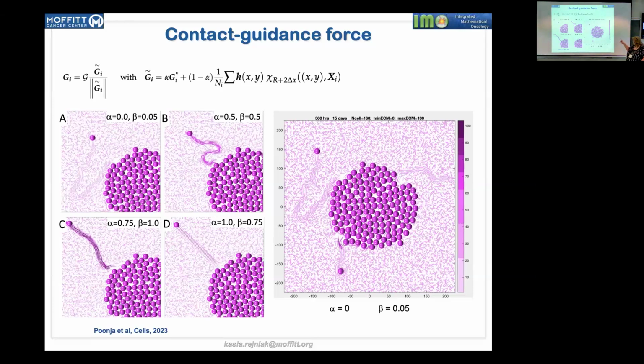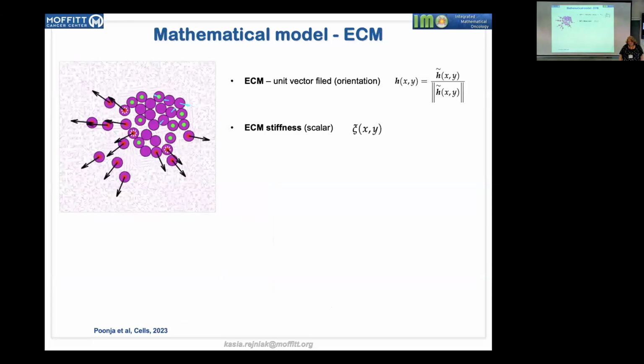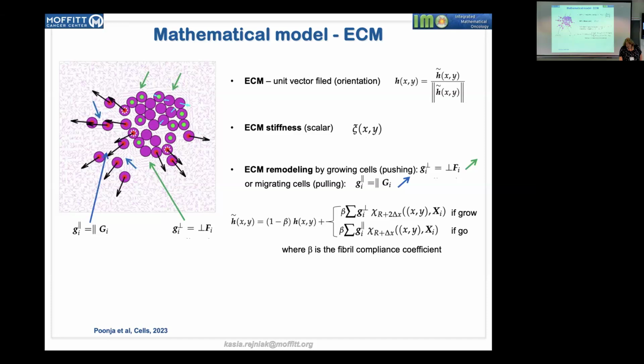You also see that I am leaving some trace on the extracellular matrix, so we also have equations for the ECM. This is modeled as a unit vector field, and then we prescribe another scalar, which is the stiffness of the ECM bundles, which could then undergo remodeling. If the cells are growing, they will push on the ECM, and there will be fibers aligned perpendicularly to the cells.